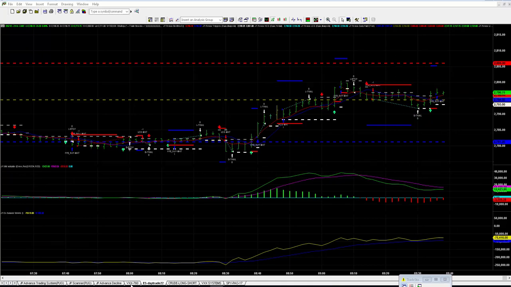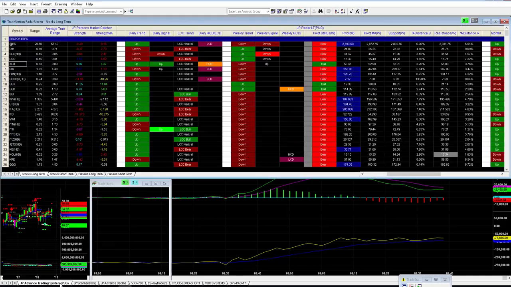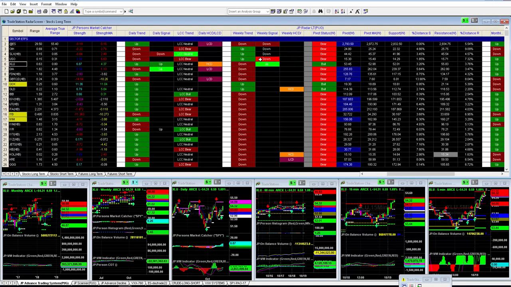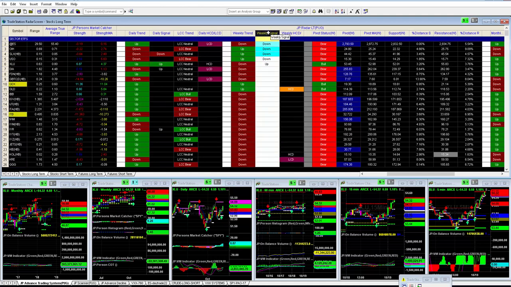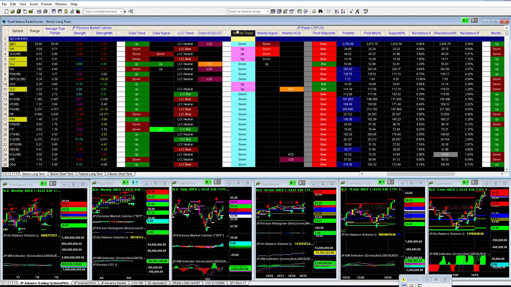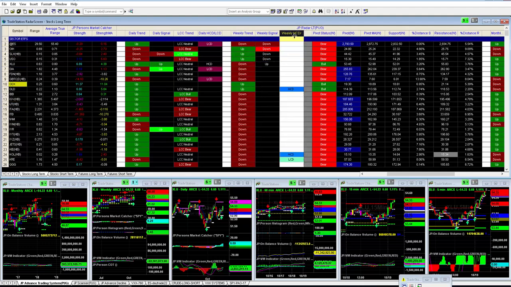All right, now what about the overall market? What I wanted to present to you guys is look at what we have in the marketplace, and I want you to focus on this column right here as far as weekly sell signals, what the current trend is, and the weekly high close or low close doji column.